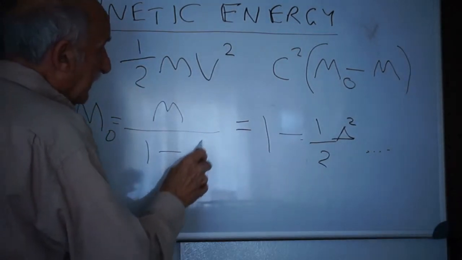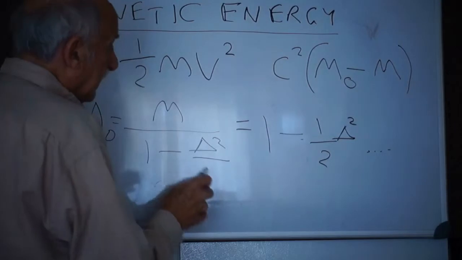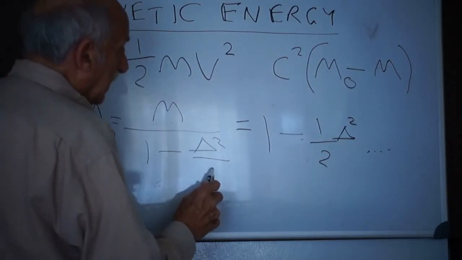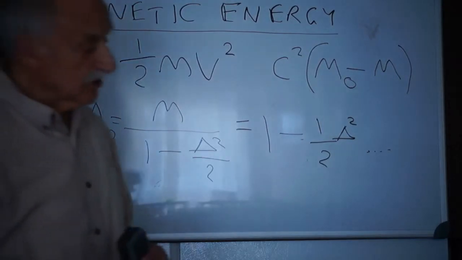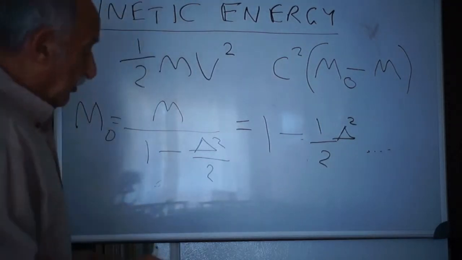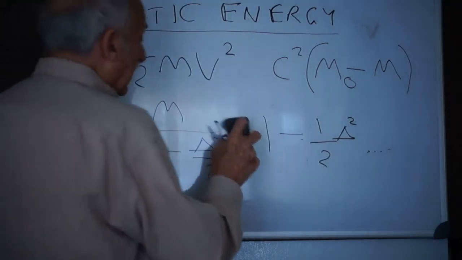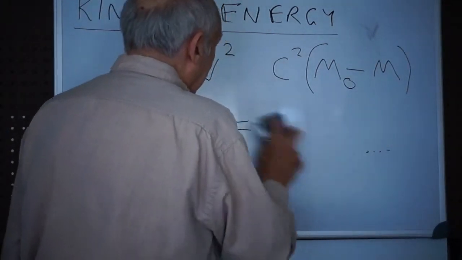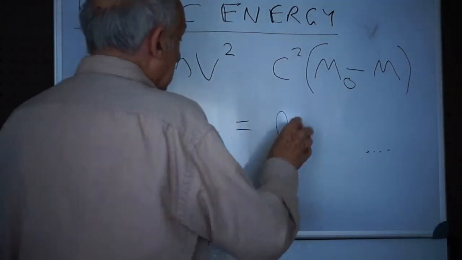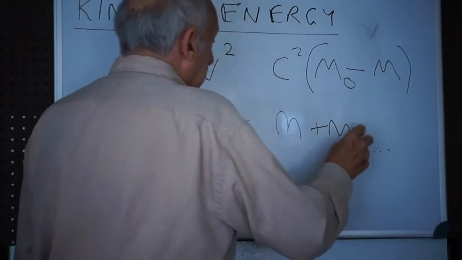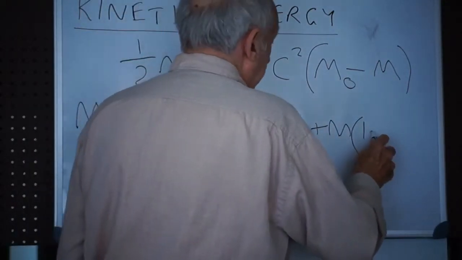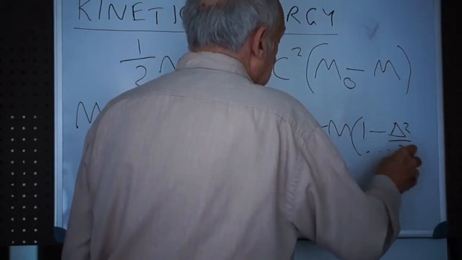And we're going to say that it's okay to say that it's equal to the small amount, small percentage or small fraction squared. Now you can approximate that in another way. You can say that is the same as m plus 1 or m to the 1 minus delta squared over 2.